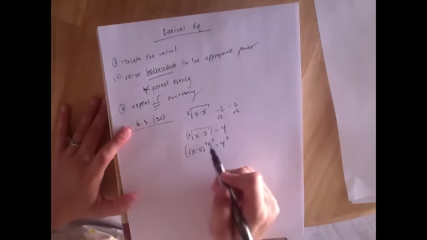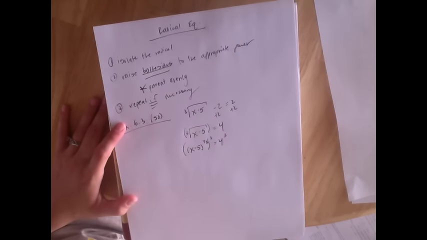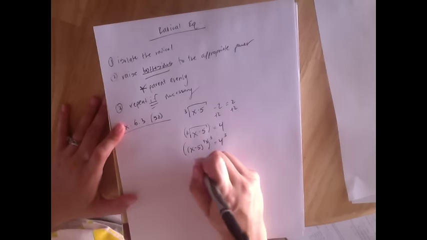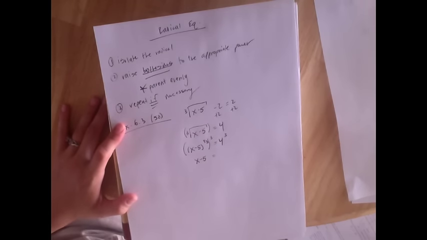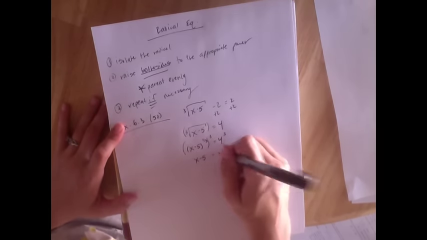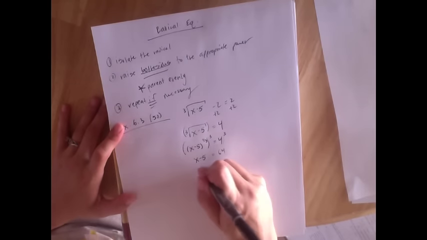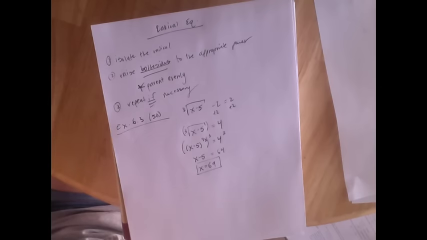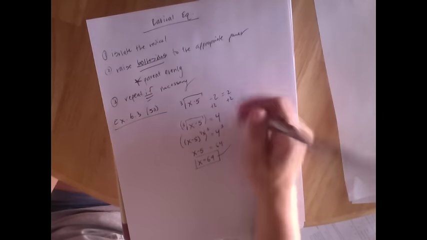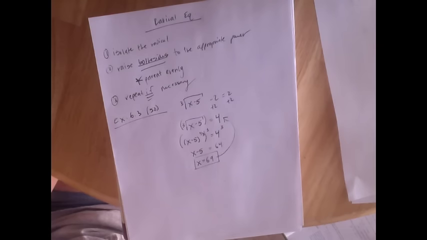The reason I cube this is a power raised to a power, we multiply them. 3 times 1/3 is 1. Leaving me with x minus 5 equals 4 cubed, which we should know is 64. And I get x alone, giving me that x is 69. Again, at this point, always, always, always plug your x back in up here.